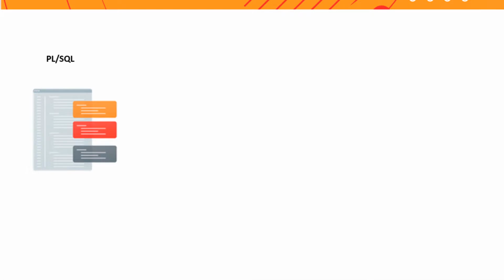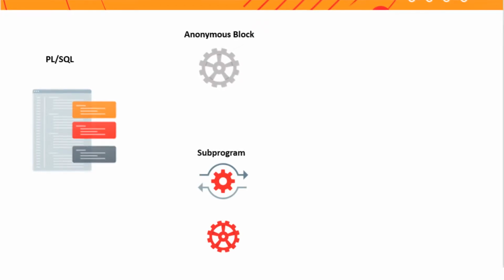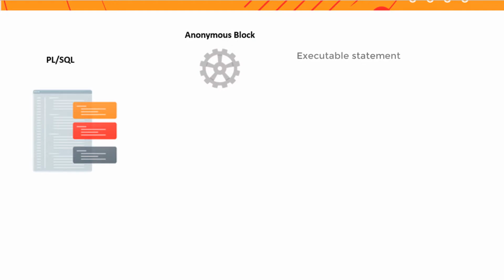Before we proceed further, let us quickly refresh our knowledge about the difference between an anonymous block and a subprogram. An anonymous block is an executable statement that can contain PL/SQL control statements and SQL statements. As the name suggests, an anonymous block is an unnamed sequence of actions.